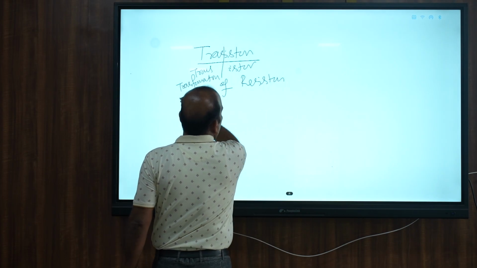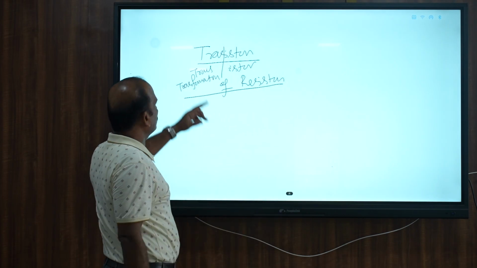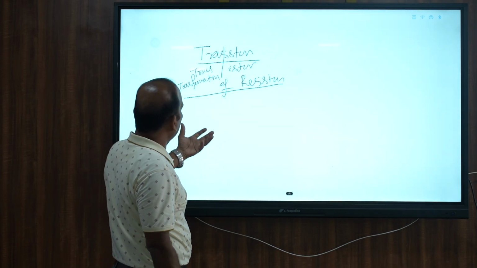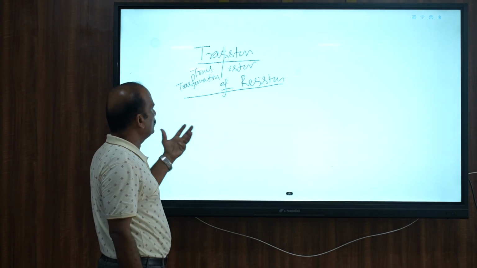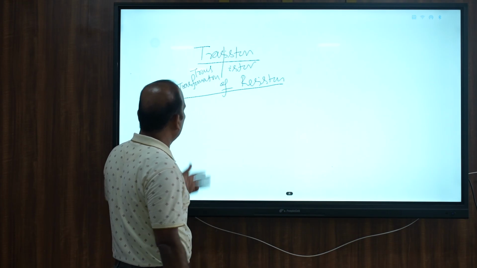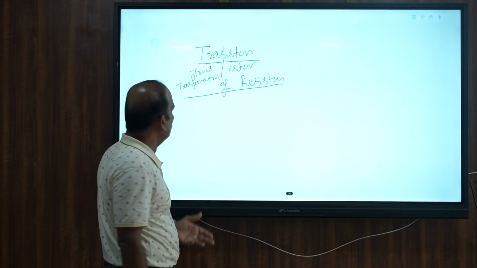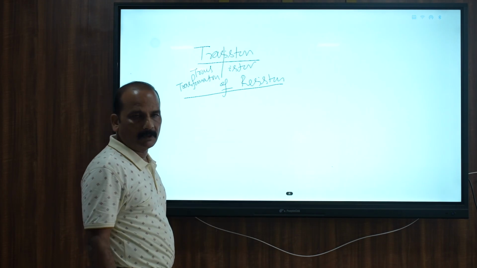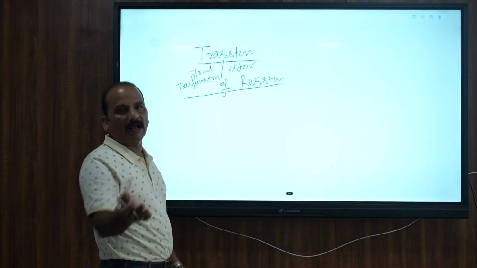What does it mean? It clearly indicates that when we give the input and take the output across the transistor, the resistance gets transferred from low to high.